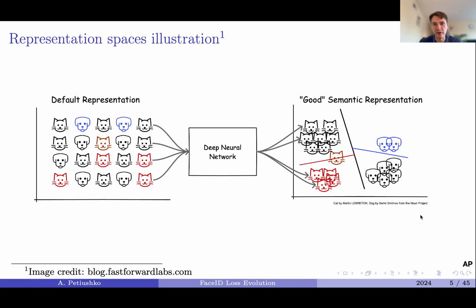And this is a simple illustration. Suppose we have objects consisting of either dogs or cats. And even cats and dogs can be of different color. For example, dogs can be blue and can be black. And cats can be red or also black.